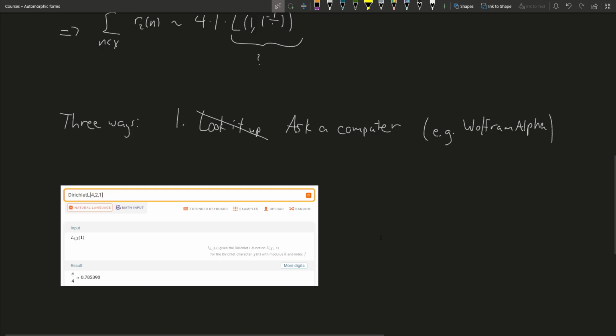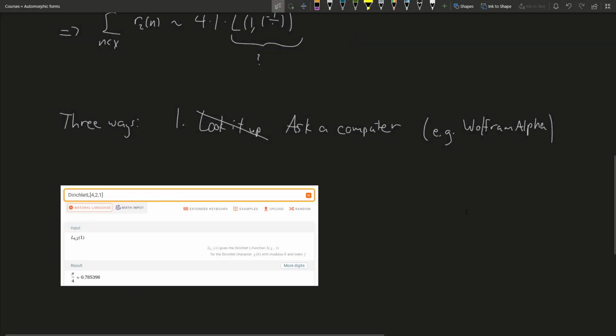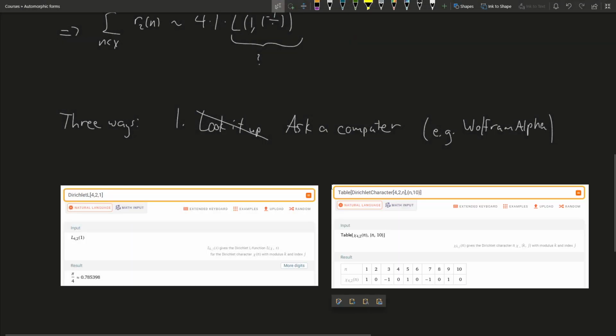So the answer is pi over 4. And now, to know exactly what to type in, how do you know for sure that you have the right Dirichlet character? I checked it this way. All right, so now you're sure that you have the right Dirichlet character. Okay, so it's pi over 4.